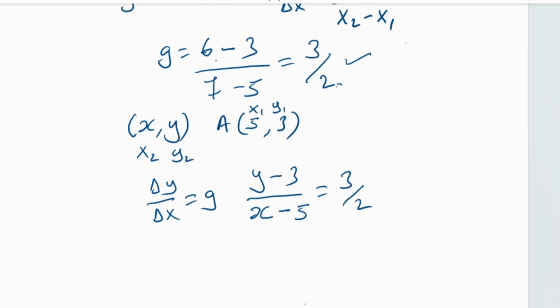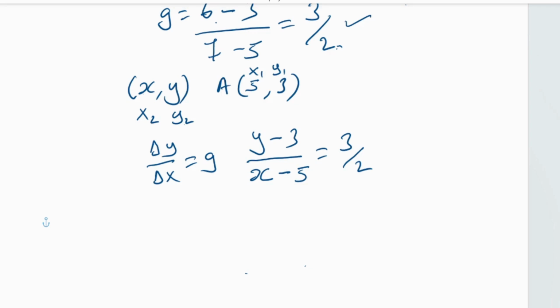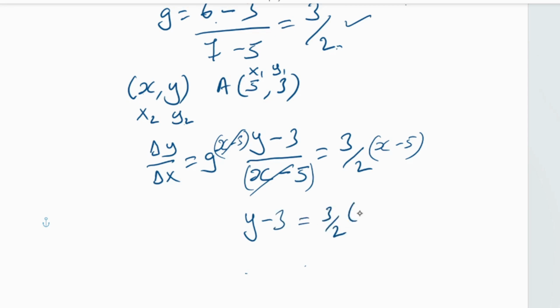And therefore, we shall multiply both sides by (x minus 5). This will cancel out and we are left with y minus 3 is equal to 3 over 2 times (x minus 5).